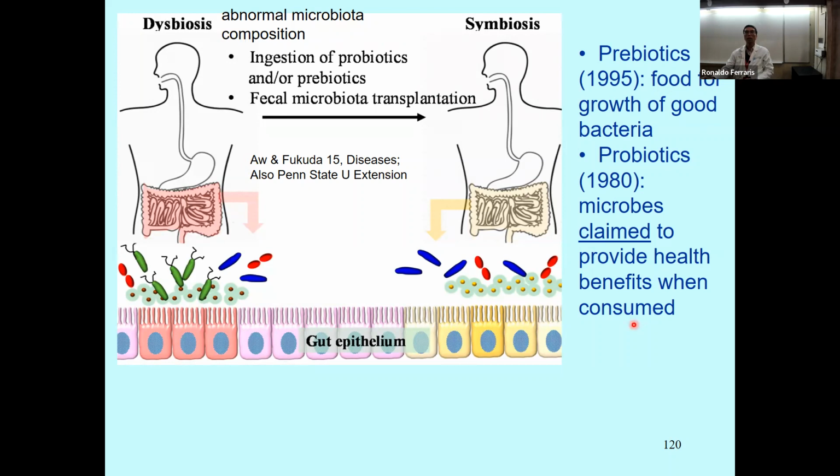Gut microbes are now so popular that almost any food item, canned or in fluid, says probiotic. Didn't you realize that from the time you were in grade school to now? Manufacturers put probiotic on it, and immediately they increase the price by 20 cents. It's really nothing, you just add bacteria there and that's it.